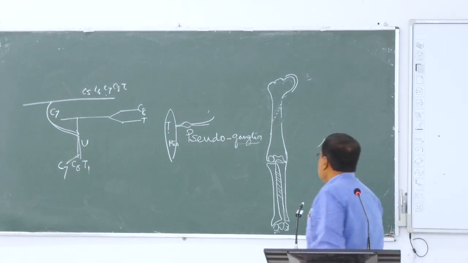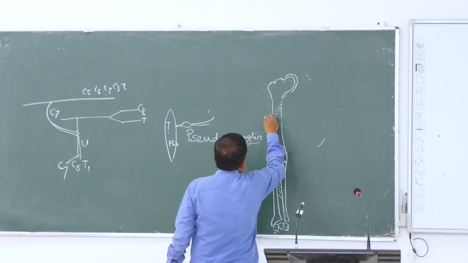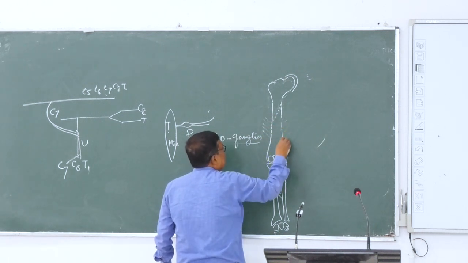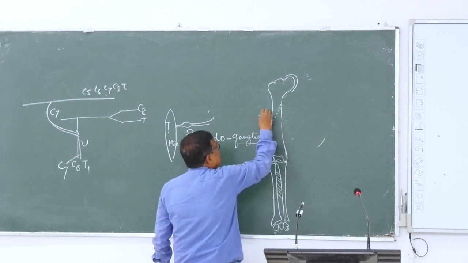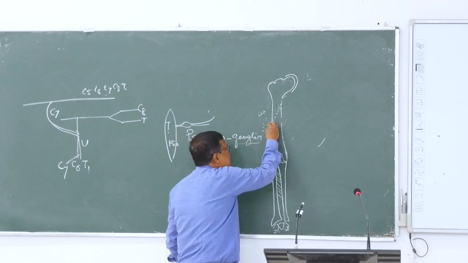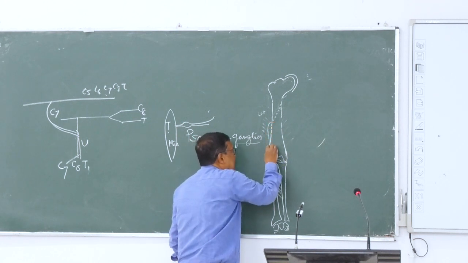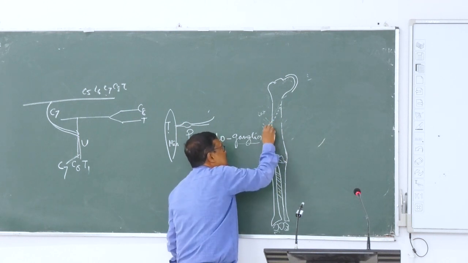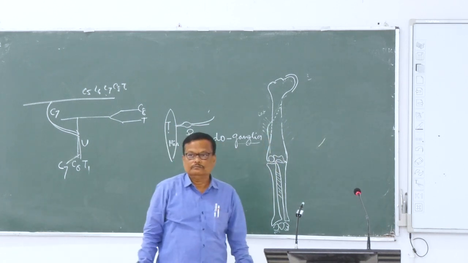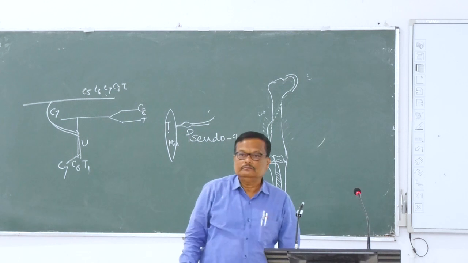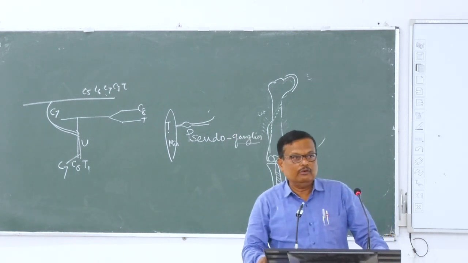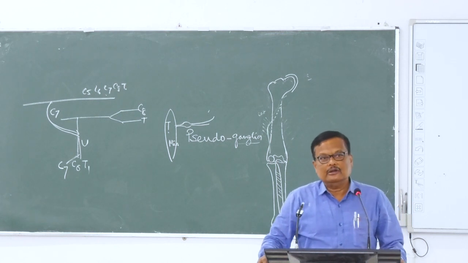Then in the lower part of the spiral groove, there is a fibrous structure known as the intermuscular septum, this is the medial and this is the lateral intermuscular septum. It pierces the lateral intermuscular septum and comes anterior, lying on the brachioradialis and extensor carpi radialis longus muscle.